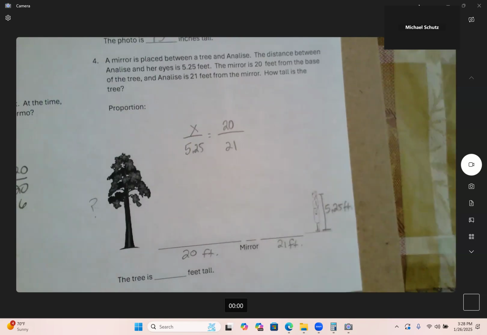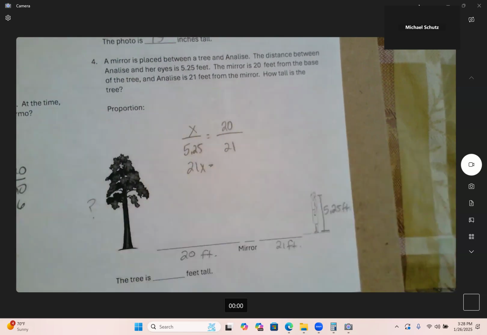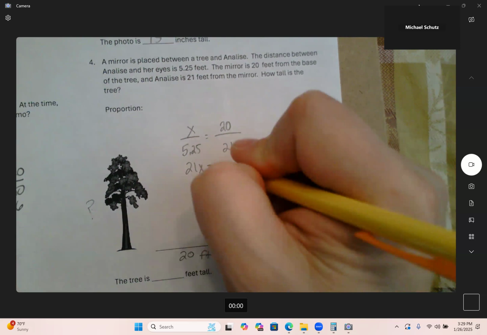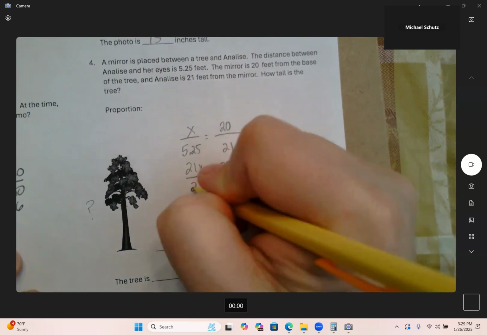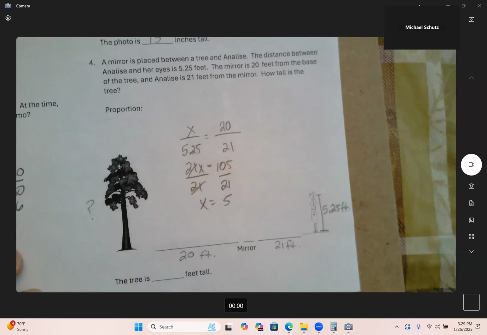So we're going to cross multiply. 21x equals 20 times 5.25, which is 105, divided by 21, and we get 5. So the tree is 5 feet tall.